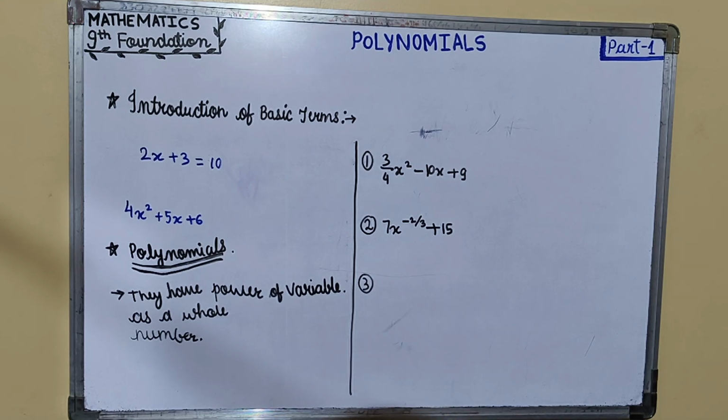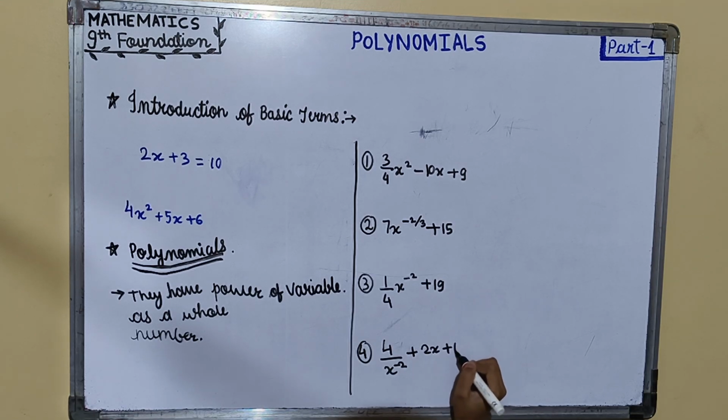Third is 1 by 4 x raised to minus 2 plus 19. And fourth would be 4 by x raised to minus 2 plus 2x plus 10.